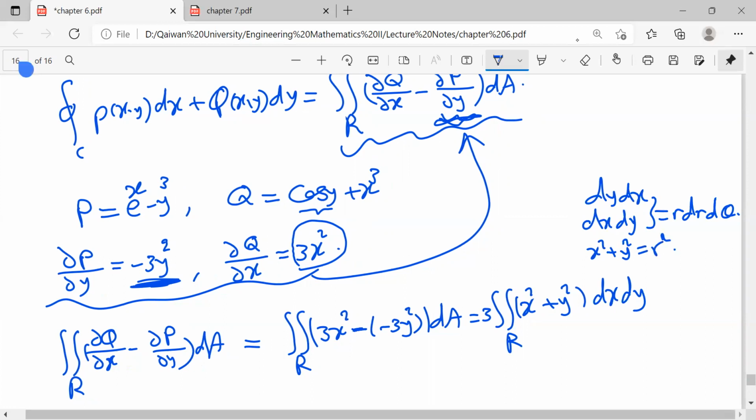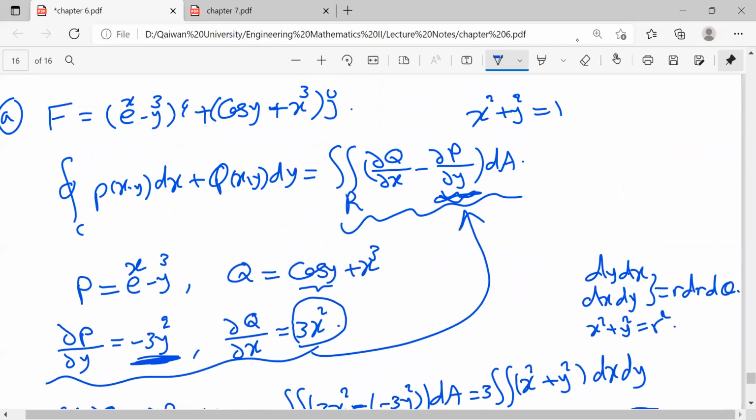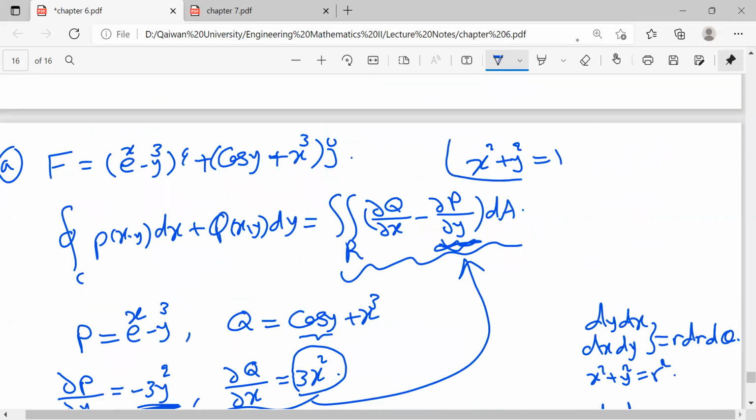We replace dx dy by r dr d theta, and we also replace x squared plus y squared by r squared. So this becomes 3 times the double integral of r squared times r dr d theta. We talked about this in chapter 3, how to convert a double integral from Cartesian form to polar form. And it says find the double integral over this unit circle.